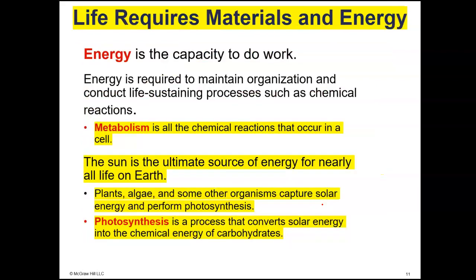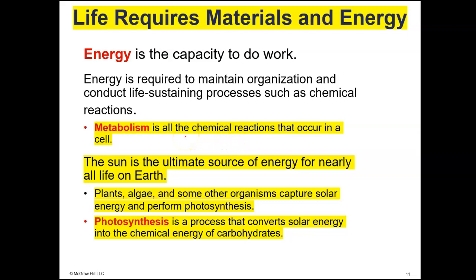Okay, so the second characteristic of living things we want to talk about is living things require materials and energy. Metabolism is the word that means all the chemical reactions that occur in a cell. We will have two chapters on chemical reactions.